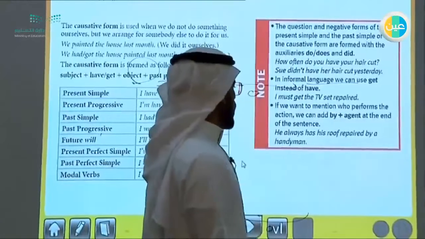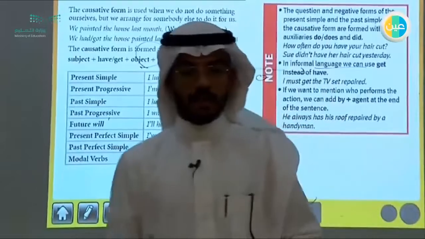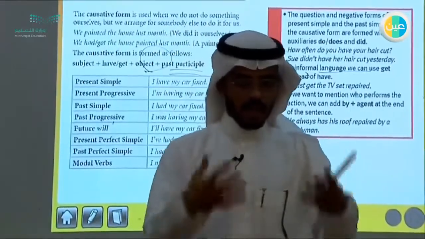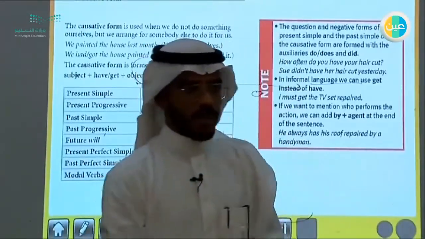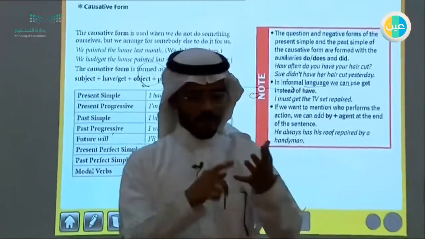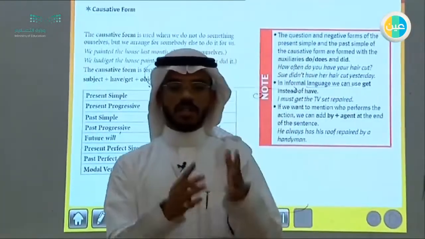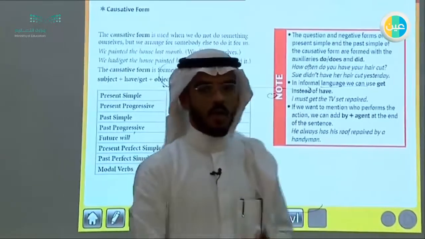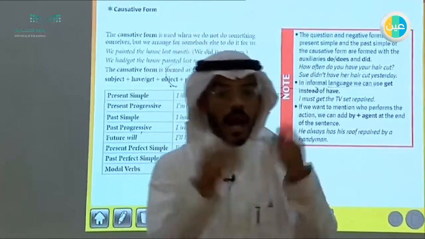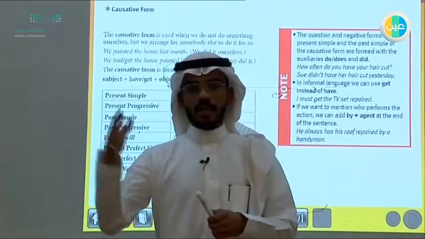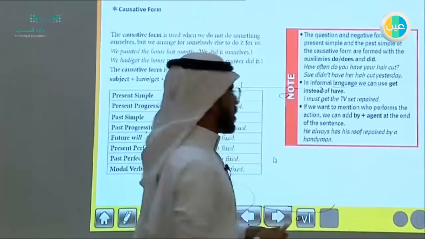This is a point. If we want to mention who performs the action, for example, I had my car washed, meaning my car was washed by someone. If I mention by my brother, we call this the agent.